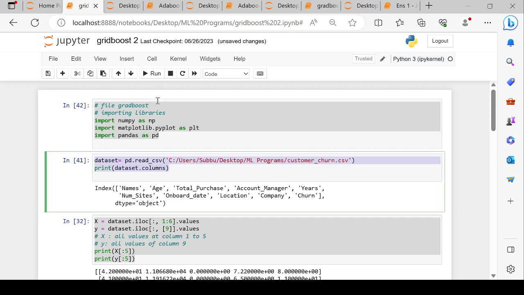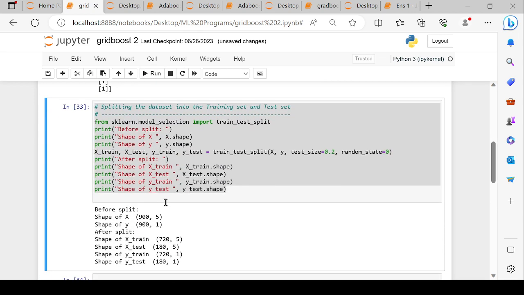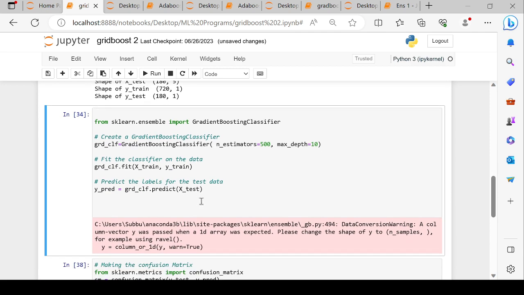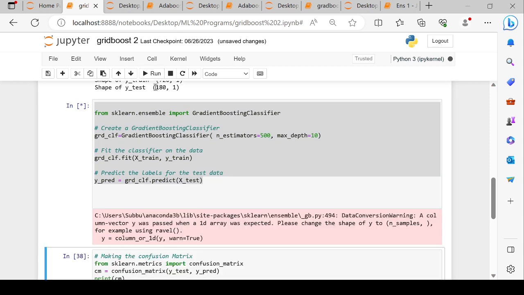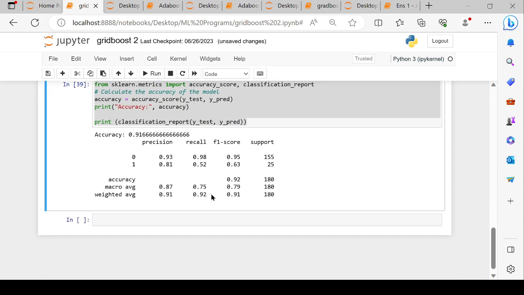If you use iris, you'll definitely get a better result. We were already getting lower accuracy for customer churn. Let us see what happens when you use the ensemble. You get 0.91, or 0.92.